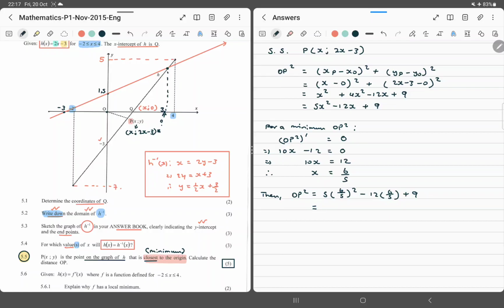Let's sort it out. So we've got 5 into 6 over 5, that is squared, minus 12 into 6 over 5 plus 9. I'm getting a 9 over 5, okay? We can say therefore OP is going to be the square root.